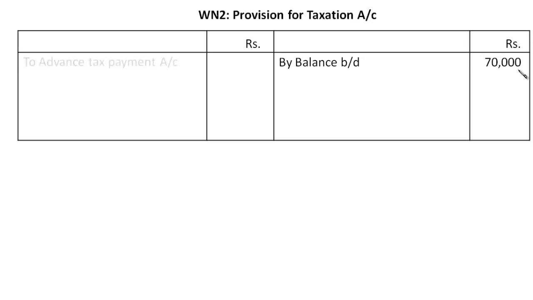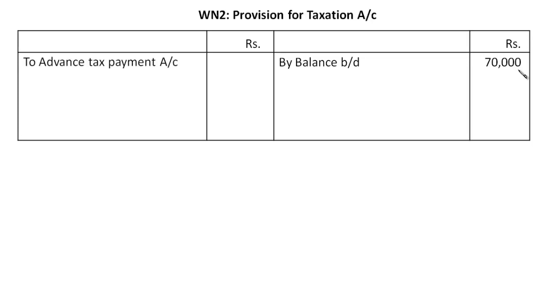Working note 2, the provision for taxation. Provision for taxation is very important in this problem because that plays a major role. We know the opening balance of provision for taxation is 70,000. Then we had some other information saying that the tax for the year was assessed at 76,000. The company has already paid advance tax of 80,000, whereas tax has been assessed at 76,000.